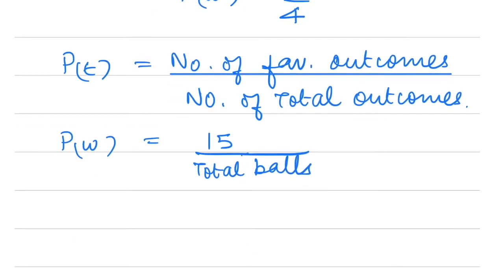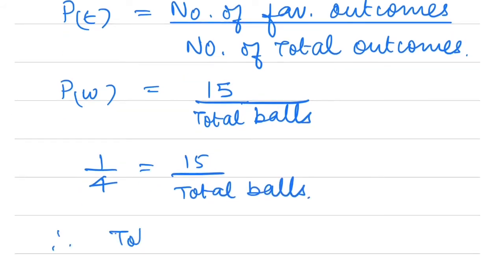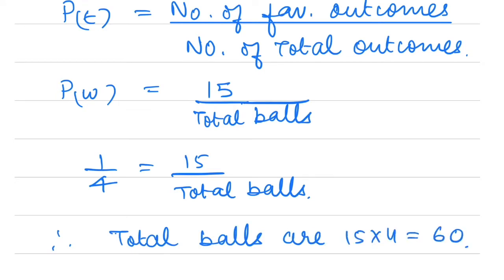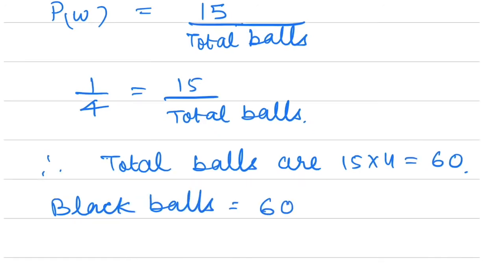So this is equal to 1 by 4 is equal to 15 by total balls. Therefore total balls are 15 into 4, so this is equal to 60. Black balls will be 60 minus 15, 45. Answer.